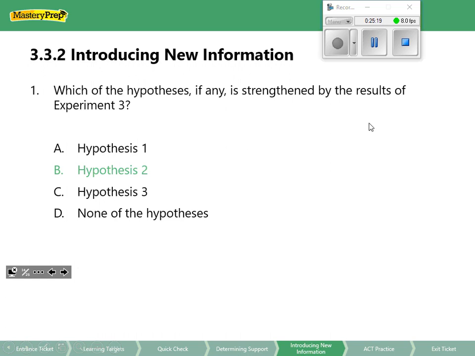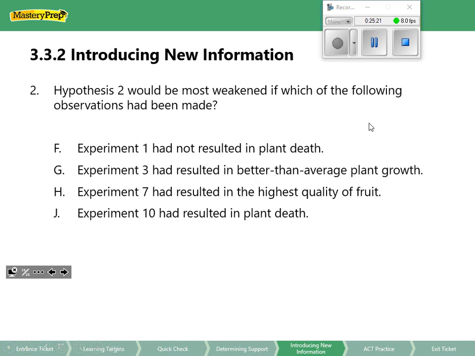Okay, let's look at number 2. Hypothesis 2 would be most weakened if which of the following observations had been made. So hypothesis 2: the color when we look at something is light reflected back, while other wavelengths are being absorbed by the object we are viewing. Therefore, exposing a plant to predominantly green light will negatively affect it. So green is going to be a negative, yes? Which of the following observations would weaken it?